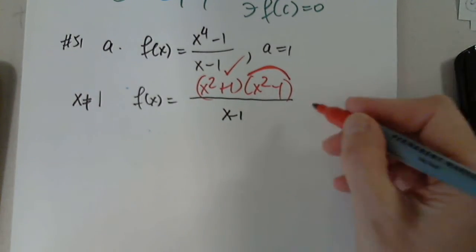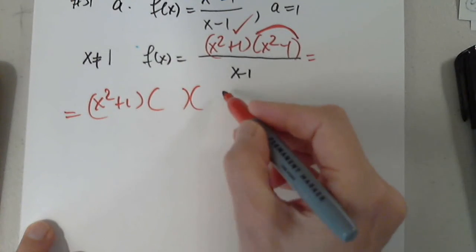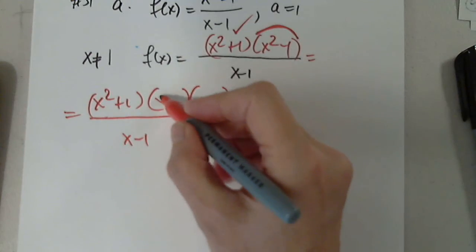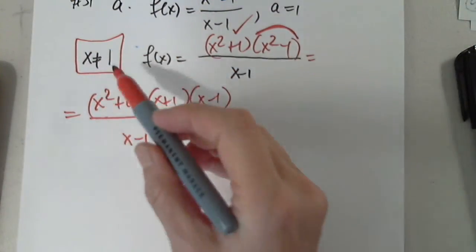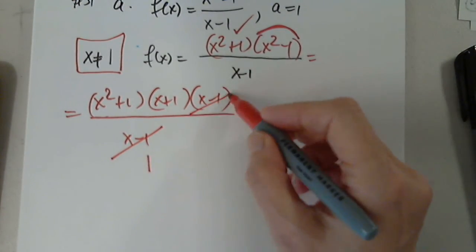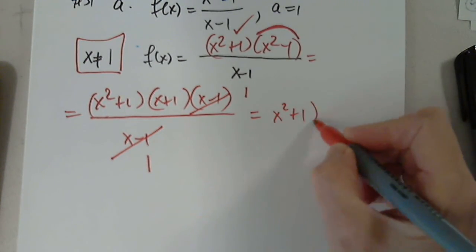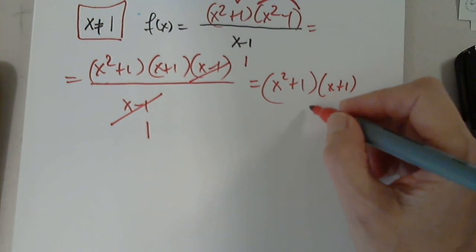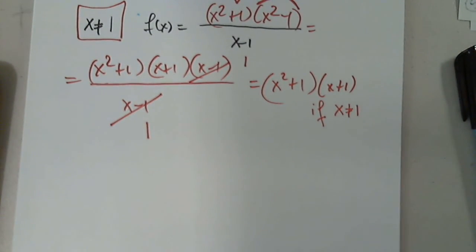So we can continue. X squared plus 1 and, yes, x plus 1, x minus 1. Because I already stated the necessary conditions or restrictions on x, now I'm allowed to simplify. And I get the final simplified form of x squared plus 1 times x plus 1. I write myself a note right here next to it, if x does not equal 1.